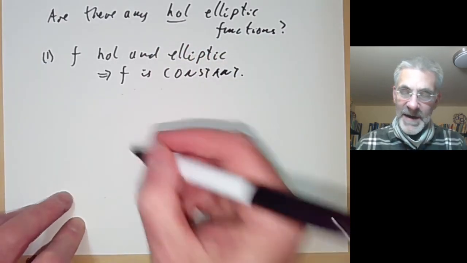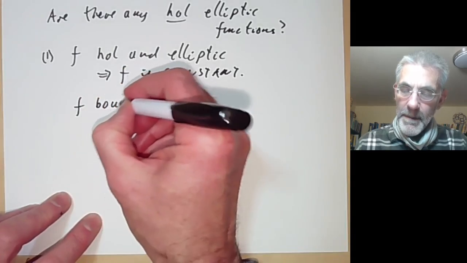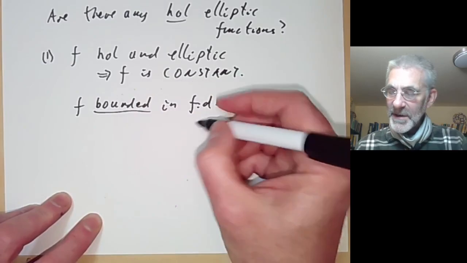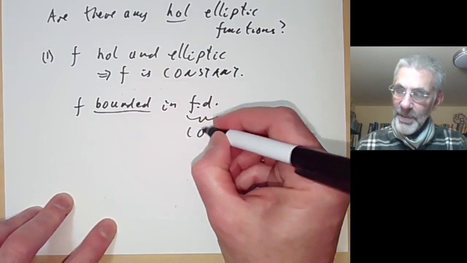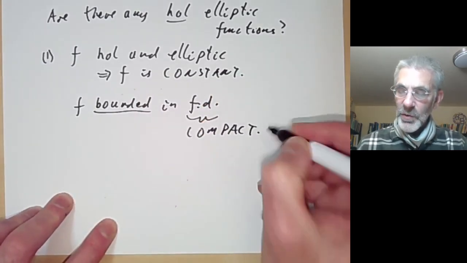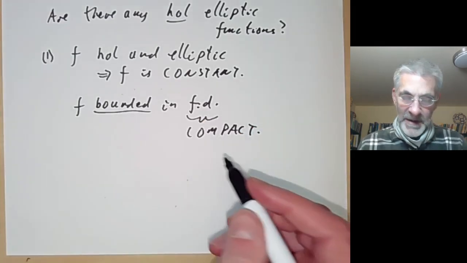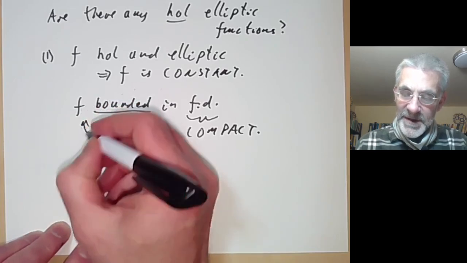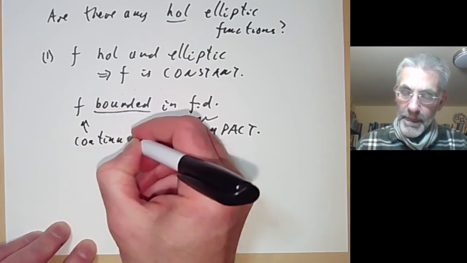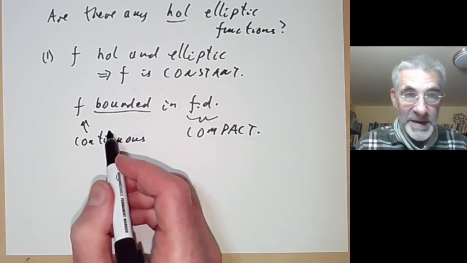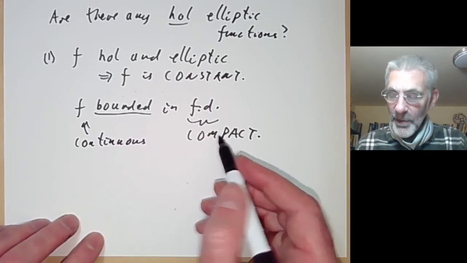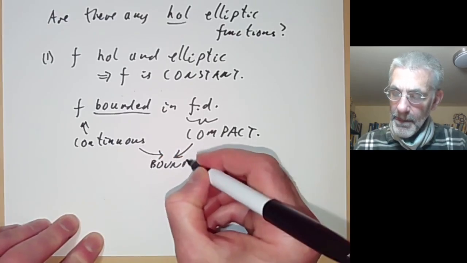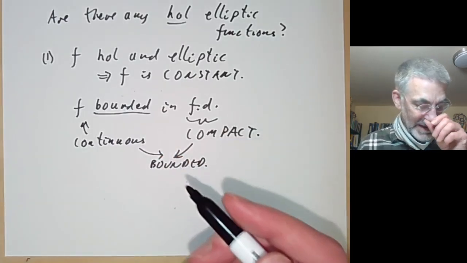This follows fairly easily because f is bounded in a fundamental domain, and that's because the fundamental domain is compact, at least if you include all the boundary points, and f is continuous, and you know that a continuous function on a compact set is bounded from real analysis, I guess.